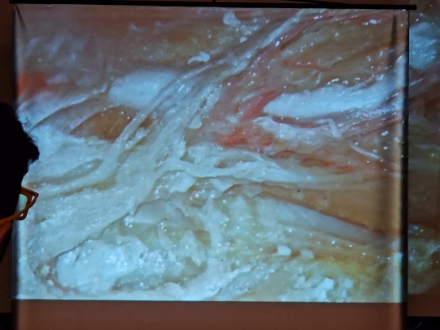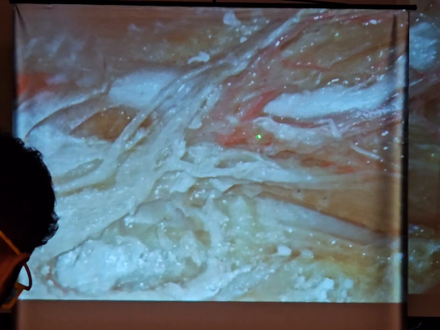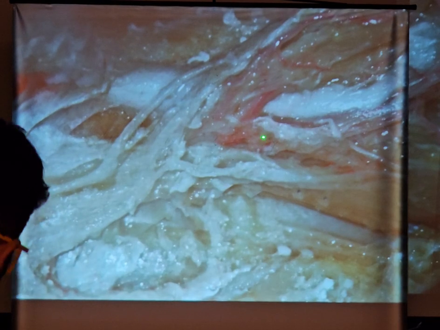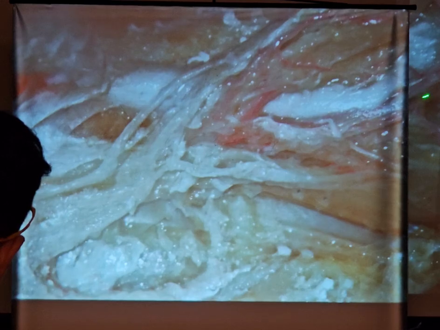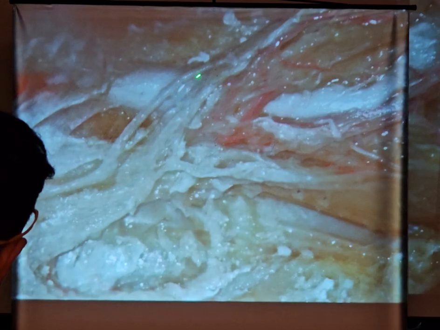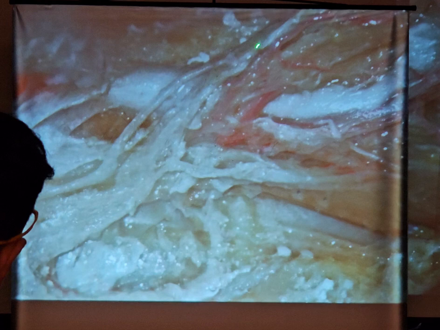We continue the dissection just to see the ciliary ganglion, and we know that the ciliary ganglion will give off long ciliary nerves. Again, we have the fourth nerve and the ophthalmic nerve.